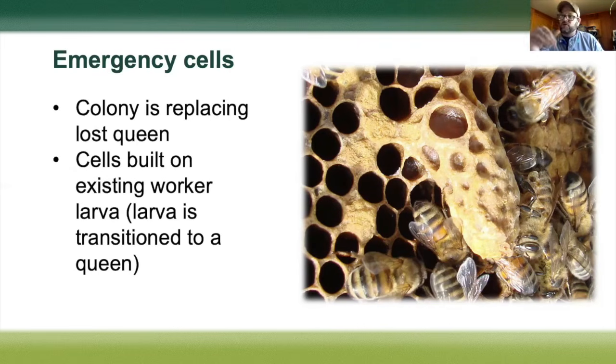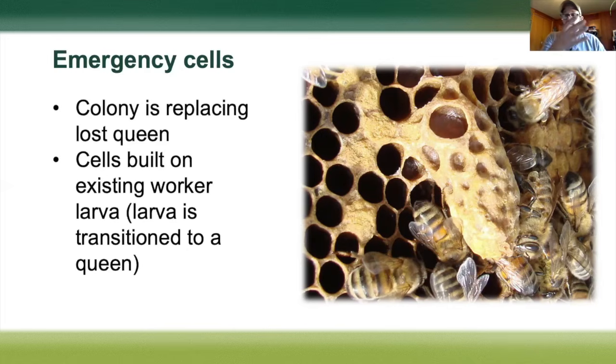So what they do in this situation is they actually build off of an existing worker cell. So the cell was built for a worker. There was an egg laid in there. The queen died somewhere right after she laid that egg, or maybe she died because you did an inspection and crushed her, or maybe she fell out of the colony, or maybe she just died, for one reason or another.